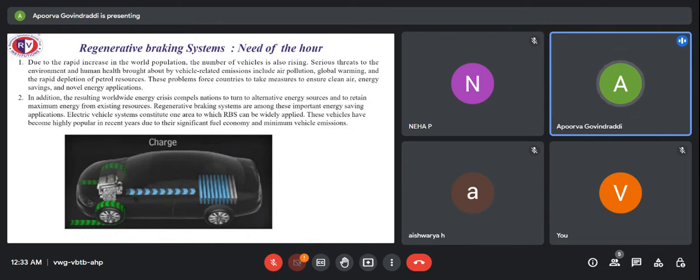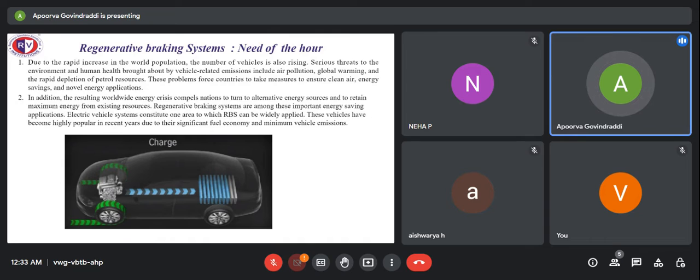And regenerative braking is basically the need of the hour because there's a rapid increase in the world population, and hence the number of vehicles being used is also rising. So there are serious threats to the environment and human health due to various factors such as air pollution and rapid depletion of non-renewable resources like petrol.